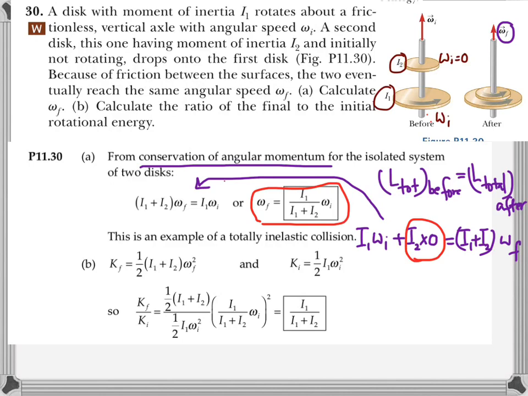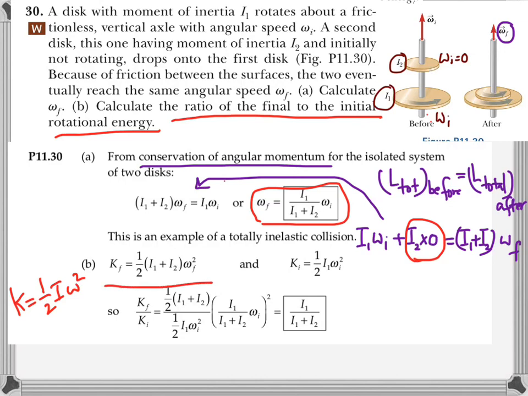The next question is asking you the ratio of final kinetic energy to initial kinetic energy. So we find the final kinetic energy. The formula for rotational kinetic energy is half I omega squared. So you get final, because both of the objects are then rotating with the same velocity, we are adding I1 plus I2, and initial has only I1.